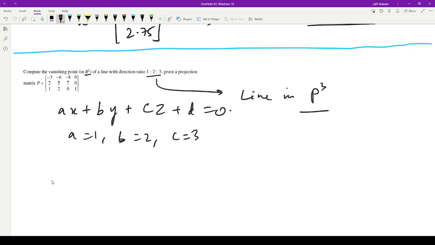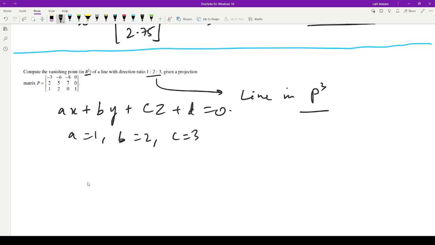So given two parallel lines in P3, where do they meet? At the vanishing point? No, no, I'm talking about P3 now, not the image plane.